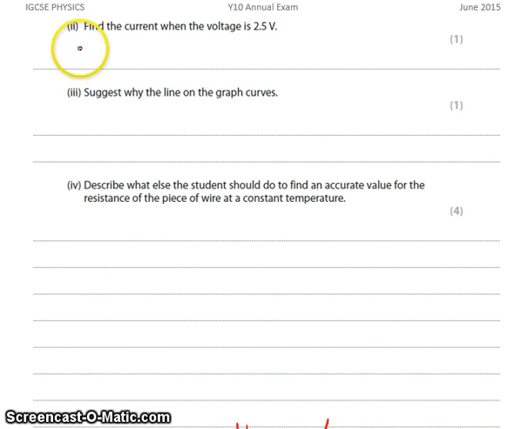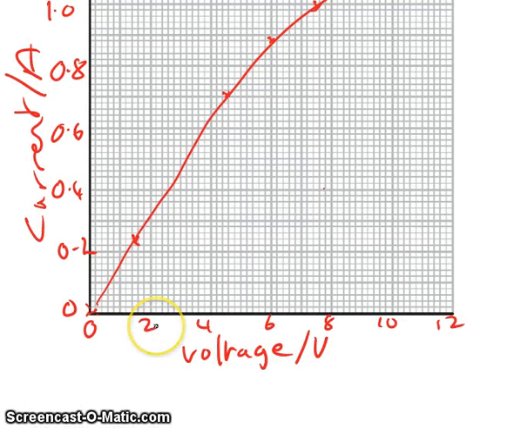Next, for the second part of this question, you need to use your graph to find the current. So you use your graph, you are looking at when the voltage is 2.4, so you're going from 2.4 up here, and where it hits the line is where you read off. And actually here you can see I've got a mistake in my line of best fit, how I drew it.